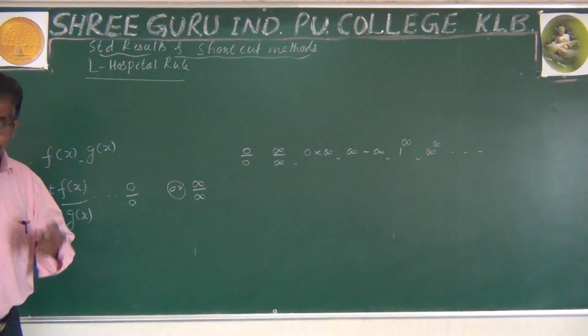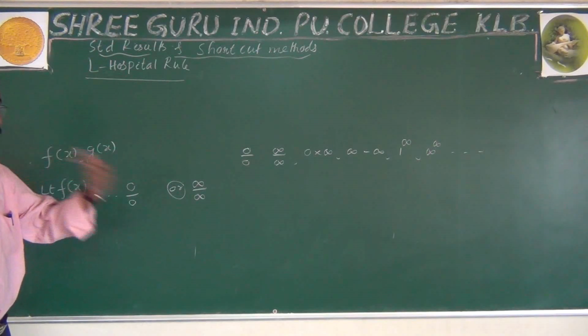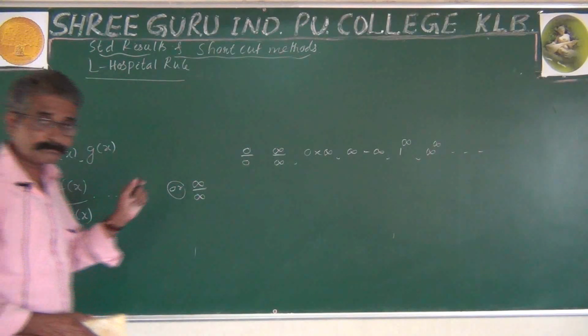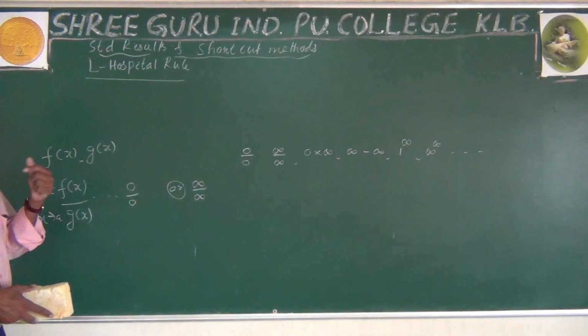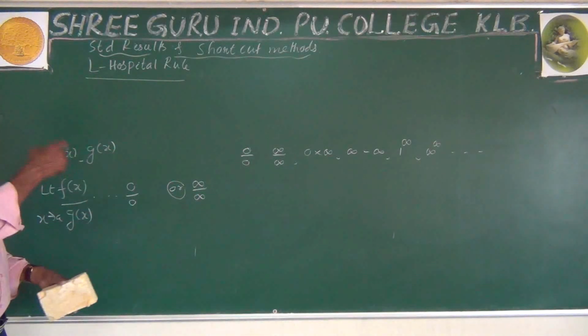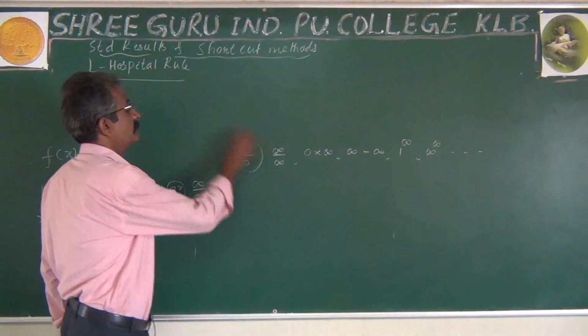Mathematical forms, no doubt, but their value cannot be decided to any extent. That's why these are called indeterminate or unpredictable forms. Among these, the basic one is 0 by 0.